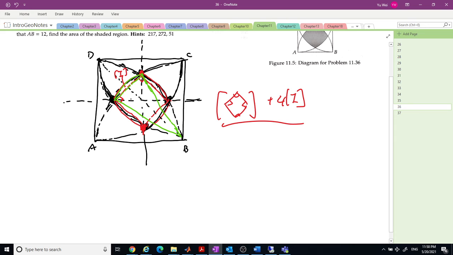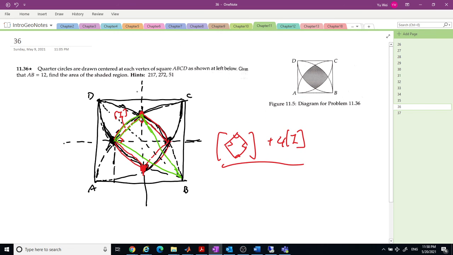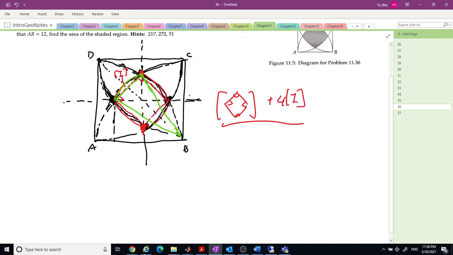So now you can see, the first one is this one here. So you know AB is 12, right? So each side is 12. So half of this is 6, and this one, because this is the radius, right? This one equals AB, so this is 12, and this is also equal to 12.